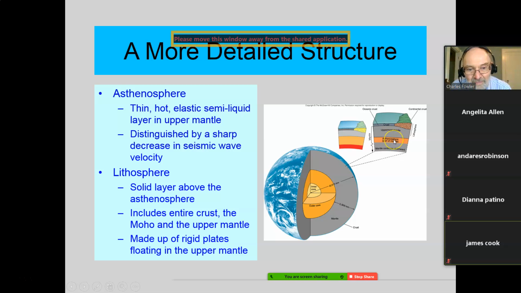But it's that layer in between. And above that, the solid part, upper mantle, and the crust, whether it's continental crust or oceanic crust, that solid part, the crust and the upper mantle, that's the lithosphere, the rock sphere. Okay? Solid layer above the asthenosphere. It includes the entire crust, the Moho, that's the boundary between the crust and the mantle, and the upper mantle. That's what this is.